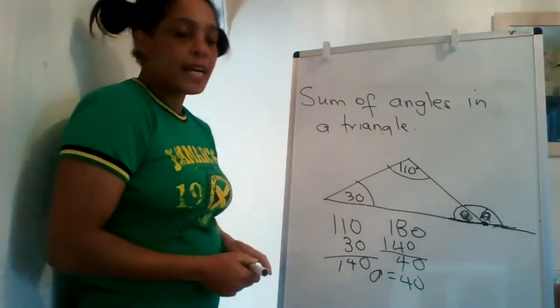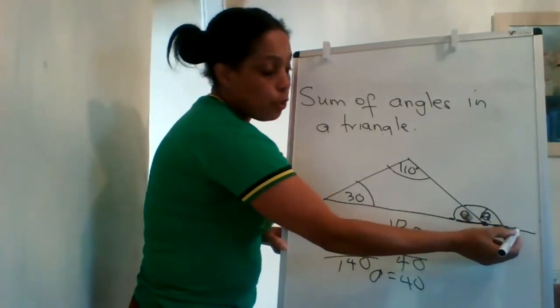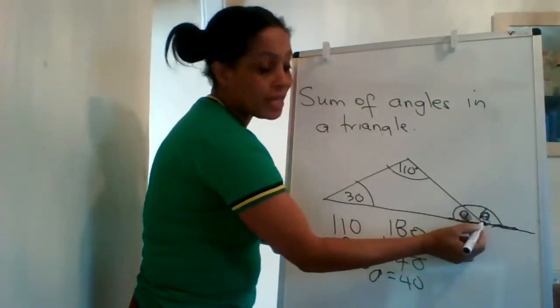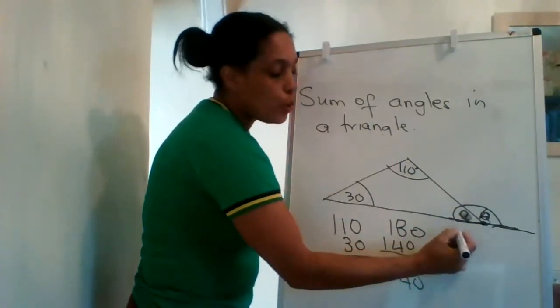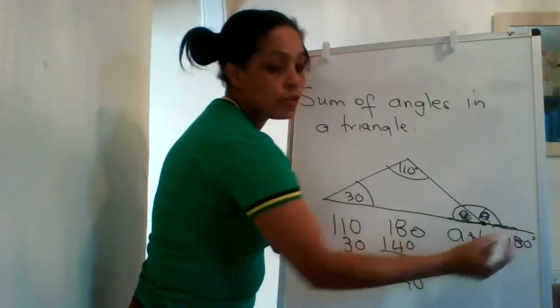How are we going to find angle B? If angle A is 40 and this is a turning point, we know that these two together form a straight line. So I know A plus B equals 180 degrees.